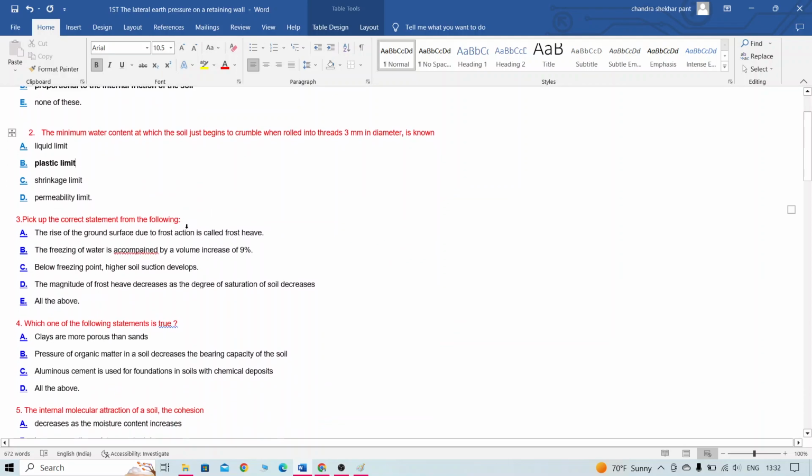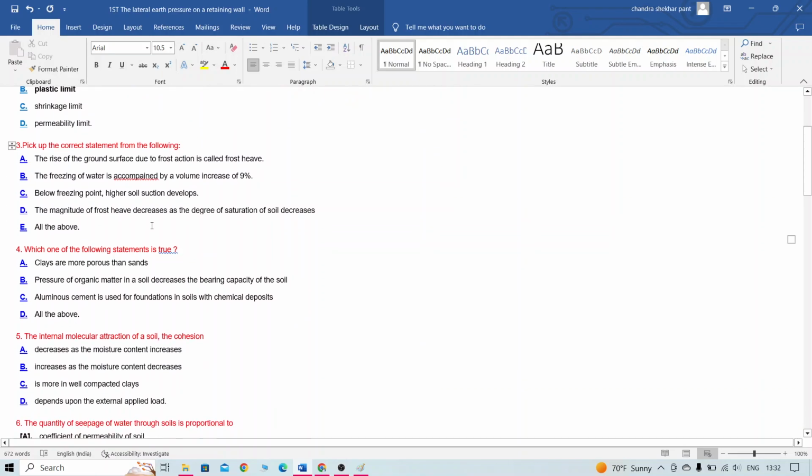Third question, pick up the correct statement from the following. The rise of the ground surface due to frost action is called frost heave. The freezing of water is accompanied by a volume increase of 9%. It is basically between 7 to 10%. When the water freezes, it turns into ice, whose volume increases by 7 to 9% compared with the same volume of water in liquid state.